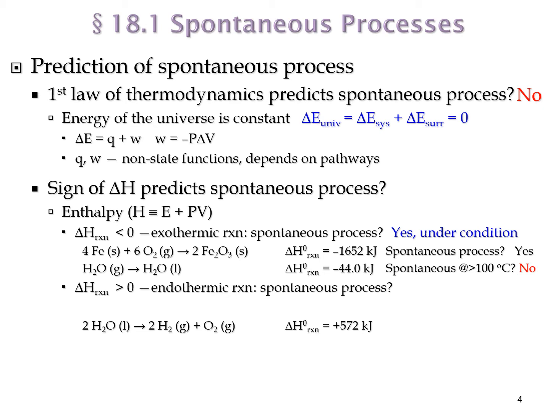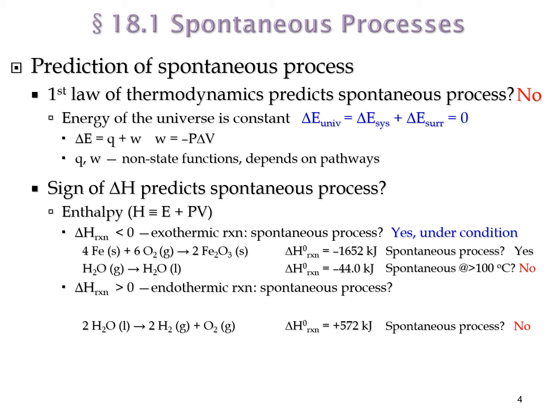Now we can use an example of splitting of water to understand this better. This reaction without heat won't happen, because the amount of heat that the equation requires is a lot, more than half a megajoule. Will that happen?